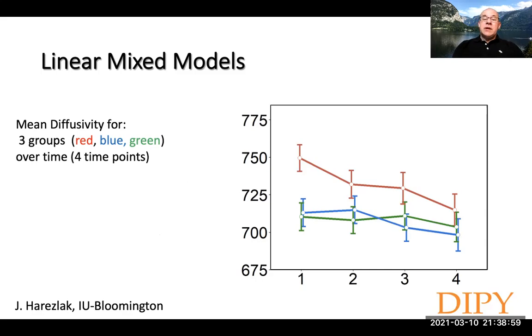And what we have here on the y-axis is mean diffusivity, and on the x-axis, we have the observation time points. So here, the correlation was taken into account, and the analysis showed us that there were differences between all 3 groups, well, between the red group and the other 2 groups at baseline, but then those differences were diminishing over time.